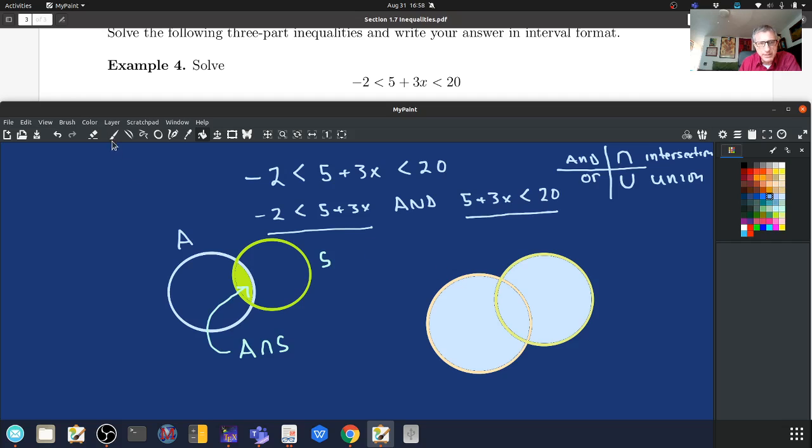If I call this set P, and this set Q, all of this area right here is the union of P and Q. I may have just said intersection. I meant to say union. So this is intersection. This is union.